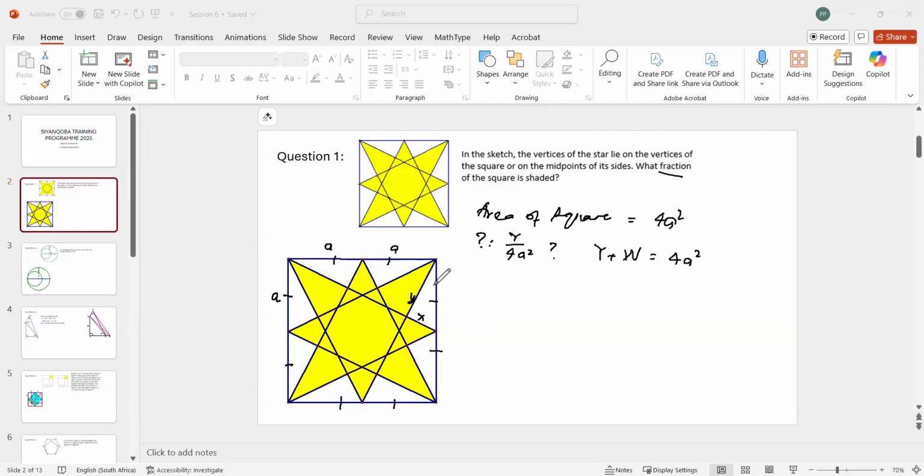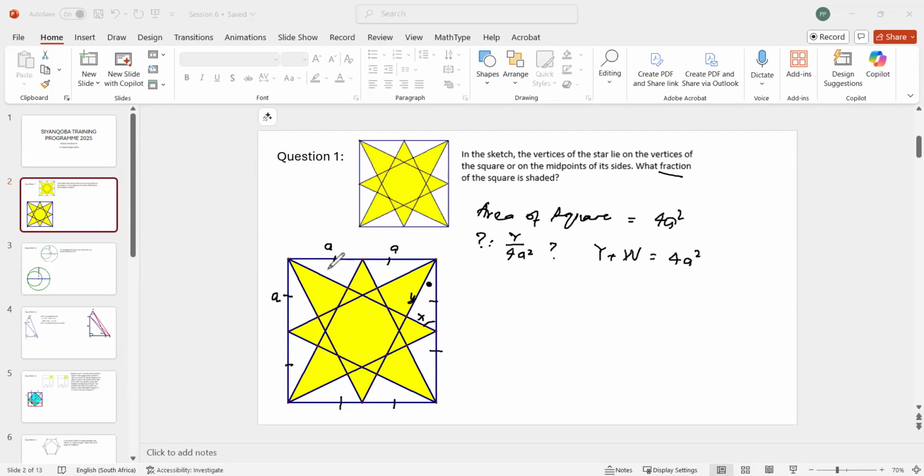Like for instance, let's call this angle here, say, dot. Let's call this dot. Okay. Now, if you look at dot, it's in this triangle, and suppose we call this curl. All right.